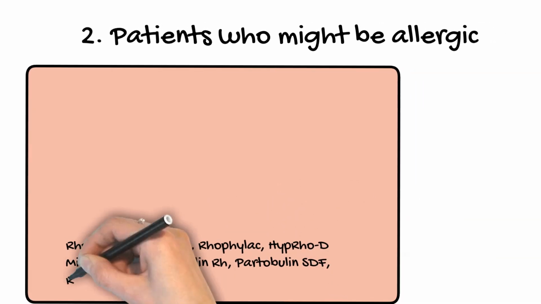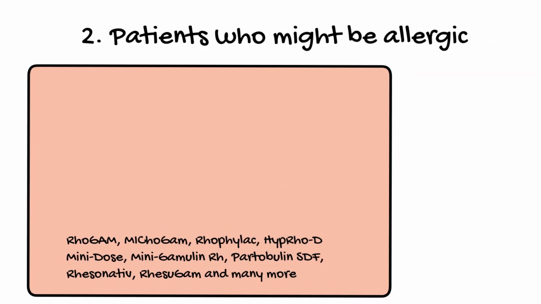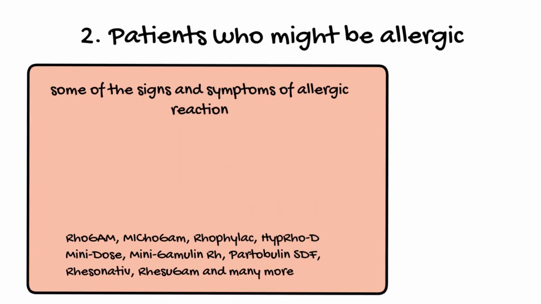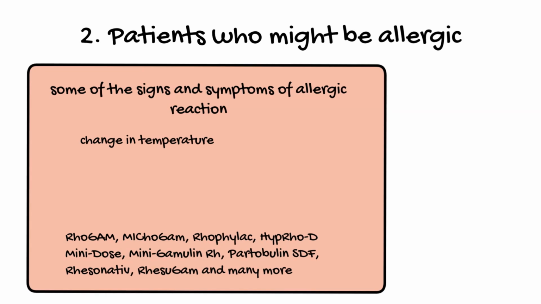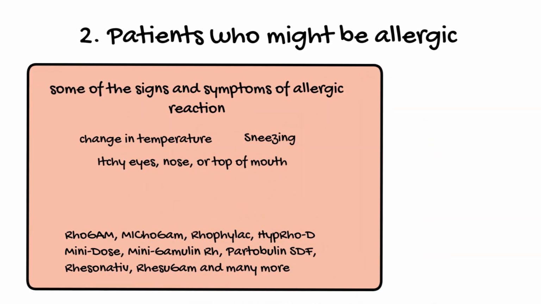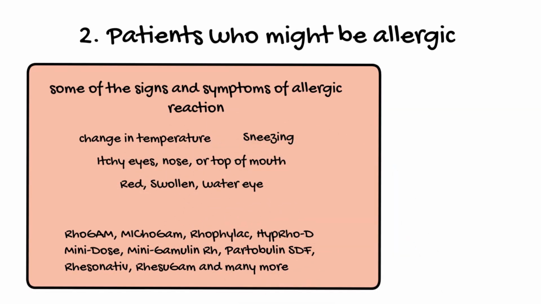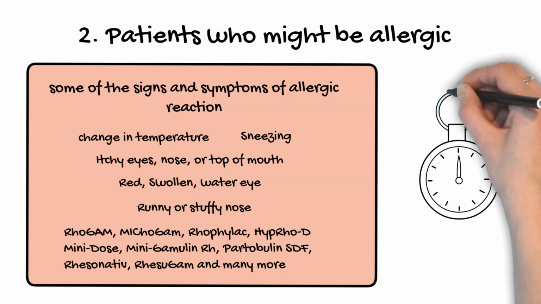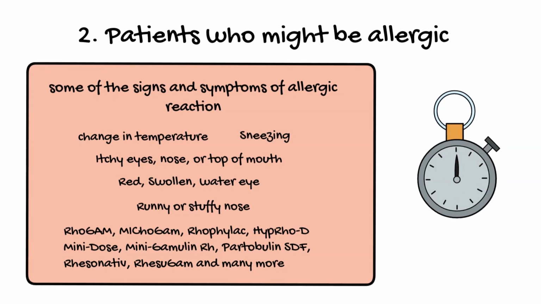The most common trade name is RhoGAM. If you are allergic to RhoGAM, it doesn't mean you cannot receive another type or brand of RhIG. However, if the patient has experienced an allergic reaction before when receiving RhIG, the patient should be observed for about 20 minutes after administration for signs and symptoms of allergic reaction.